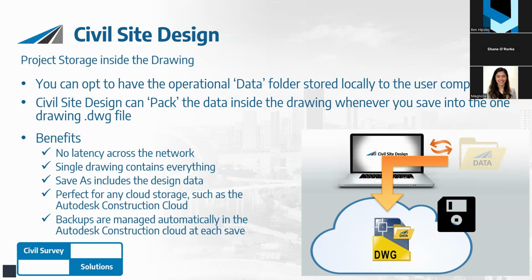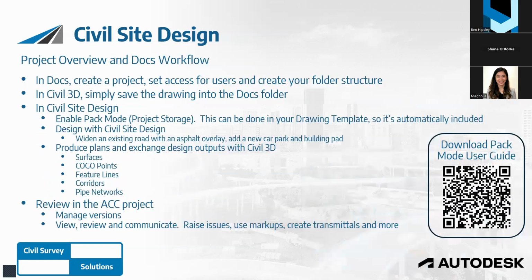So every time you save a drawing, you're actually saving the data with that drawing. Now, I do have a blow-by-blow account on how it all runs, and you'll see that there's a QR code there, if you want to hit that up, it'll take you to a document about pack data if you've never done it before. In summary, what we're going to do is to open up a project.